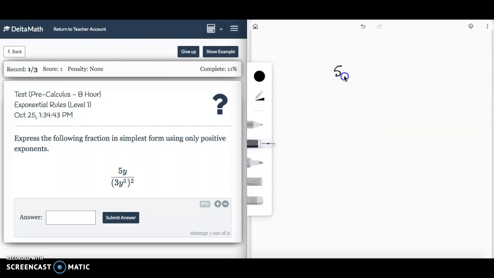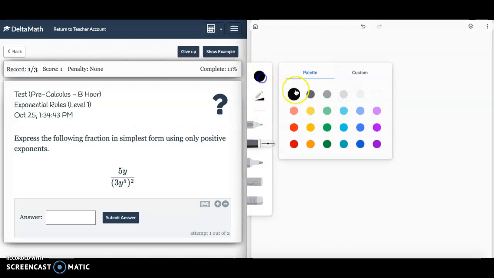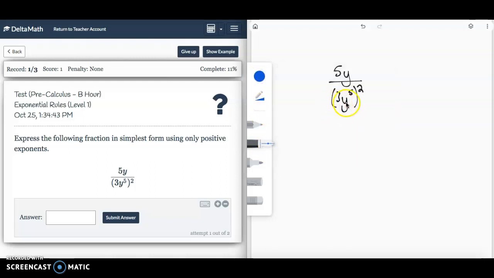For this one I got 5y over 3y to the fifth, squared. This time, I notice I have my 3y to the fifth all being squared. Can I distribute this exponent? Absolutely, because I don't see any addition or subtraction happening. So I'm going to distribute that exponent first.